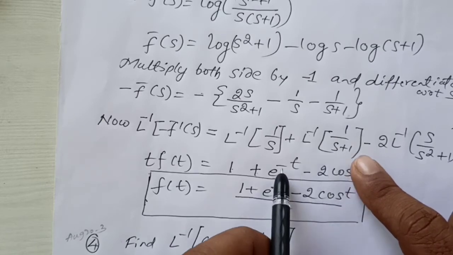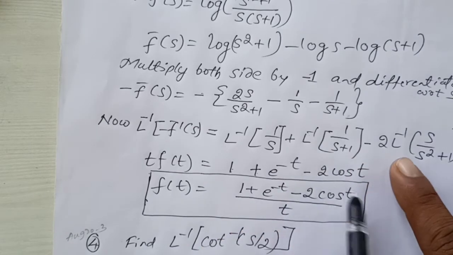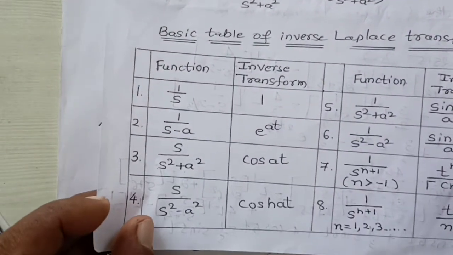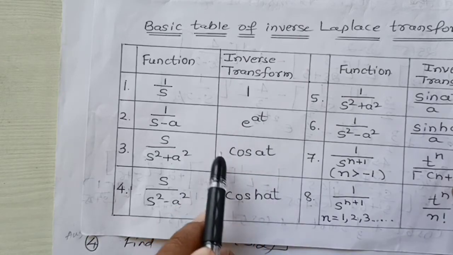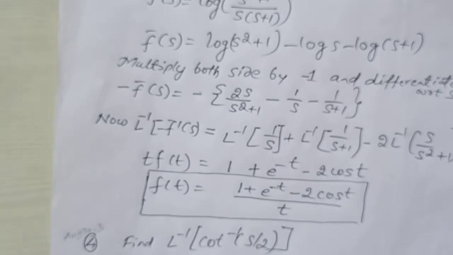Here it is plus, so it is e raised to minus at, and a is 1 here, so e raised to minus t. Minus the Laplace inverse of s upon s square plus a square, which is definitely cos at. A is 1 here, so cos t. So finally f of t is equal to 1 plus e raised to minus t minus 2 cos t, divided by t.